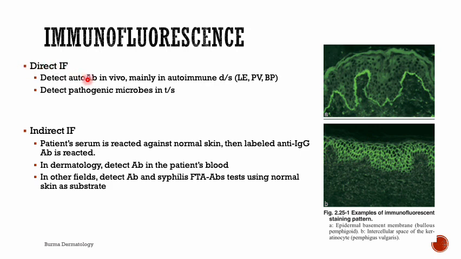Direct immunofluorescence can detect autoantibodies in vivo, mainly in autoimmune diseases such as, like I mentioned before, autoimmune blistering disease and lupus erythematosus, in which we need to take the patient's skin biopsy specimen from the perilesional skin in autoimmune blistering disease and lesional or sun-exposed skin in lupus erythematosus.